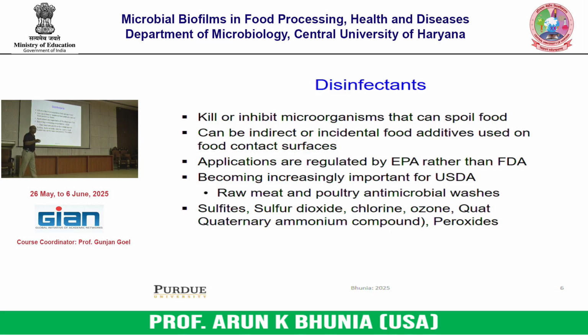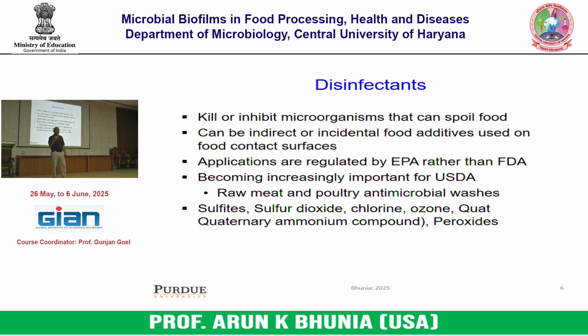We use low doses of chlorine, for example, or ozone, as I mentioned, or acid, to control microbial growth on surfaces. If they are on the meat surface, can you use this washing to remove the biofilm? These have to be food grade, because we are all going to consume that afterwards, right?